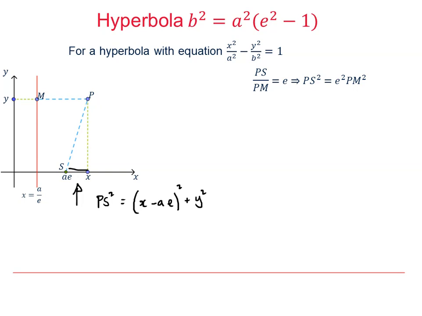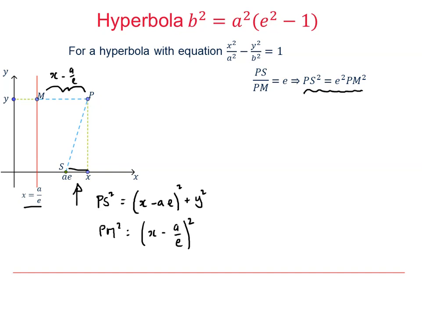PM is going to be x minus a over e, and therefore PM squared is x minus a over e all squared. We can equate these two expressions using the fact that PS squared equals e squared PM squared.